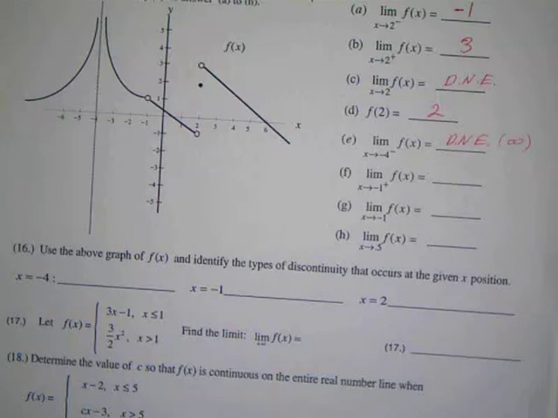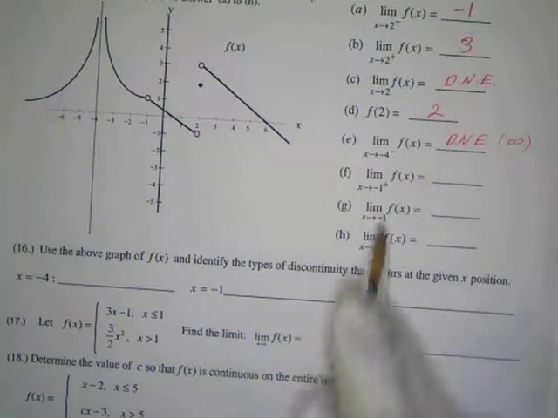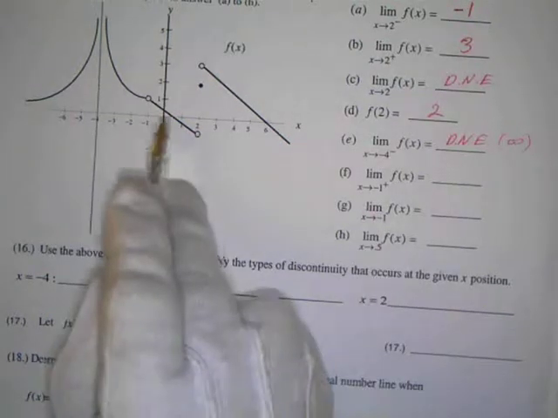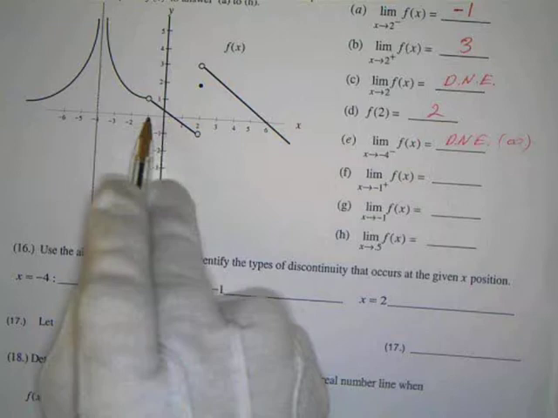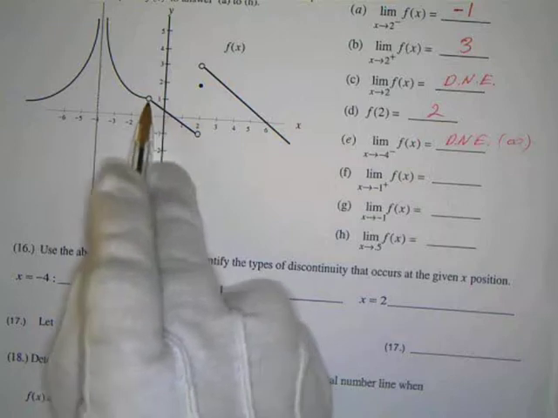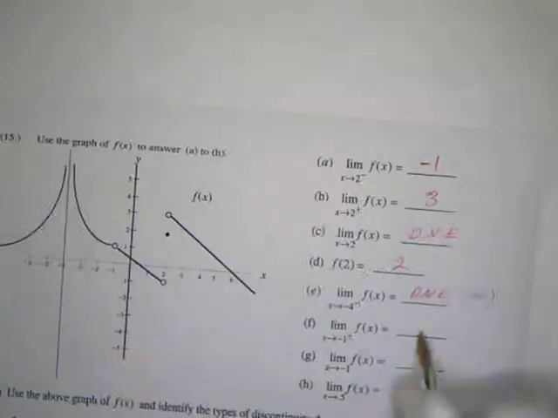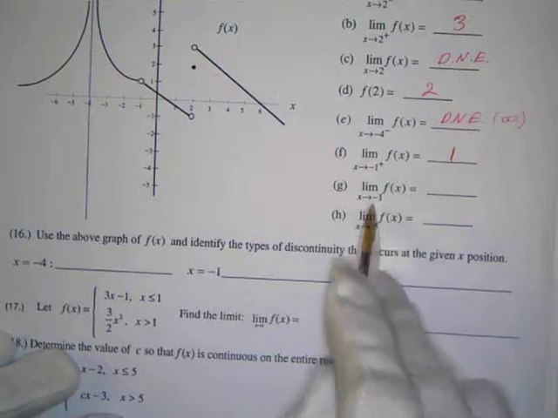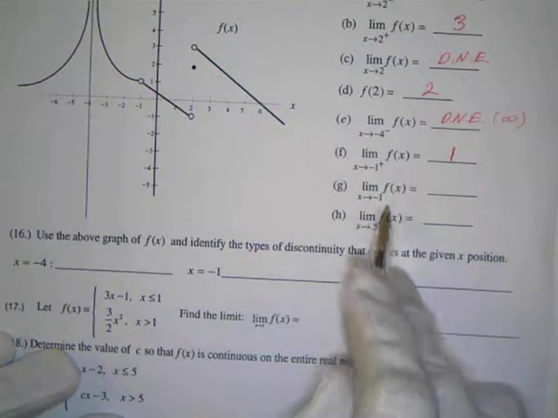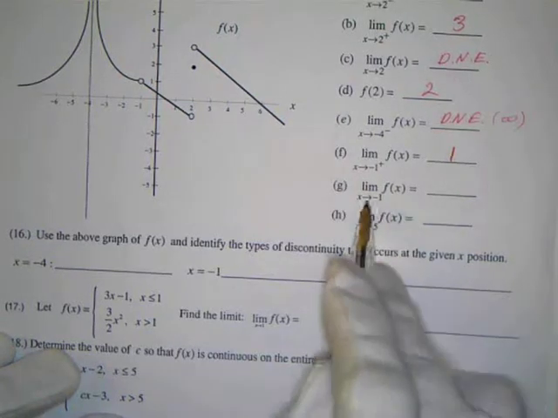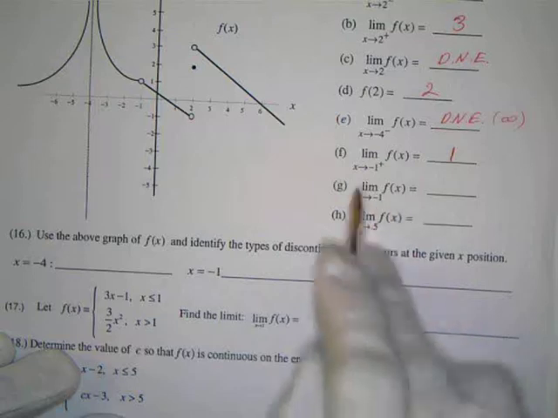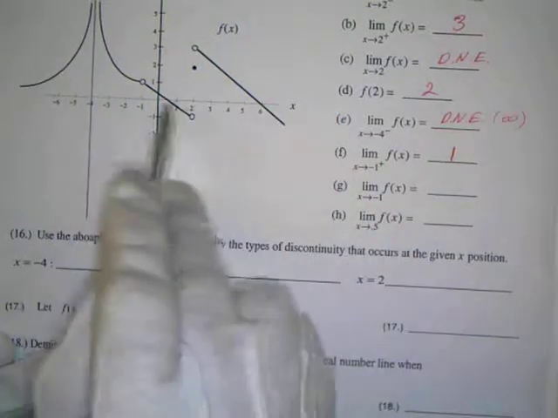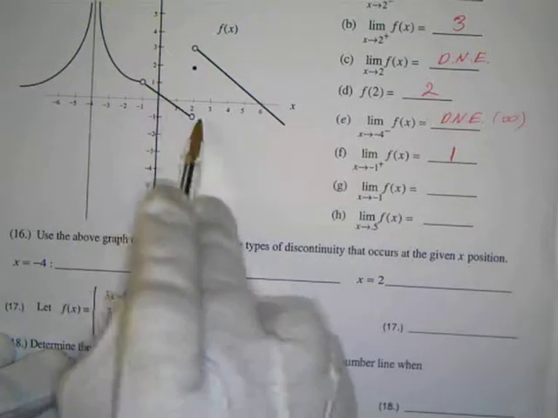Okay, let's see what happens when x approaches -1 from the positive direction. As I approach -1 from the positive direction, it looks like my height is approaching 1. So that's okay. Just to add, what's the limit as I approach -1? Well, as I approach -1 from the positive direction, I get 1.